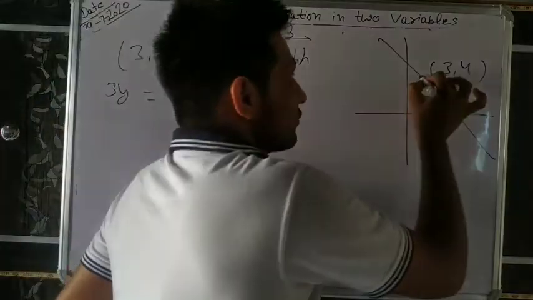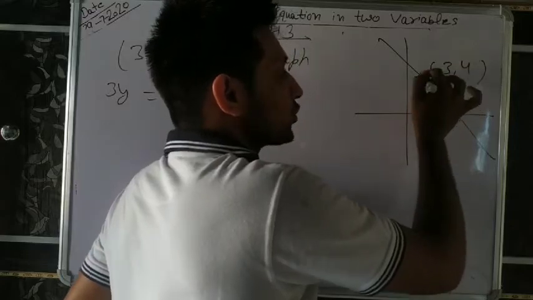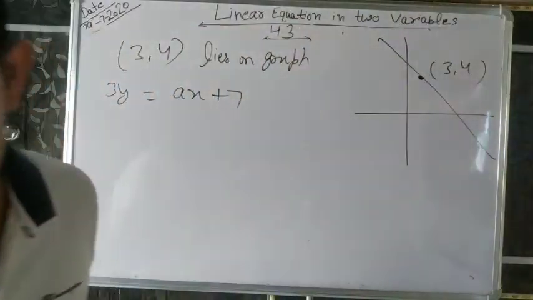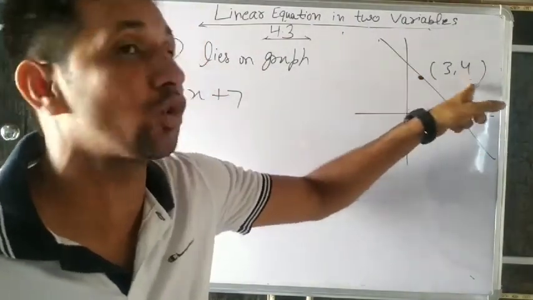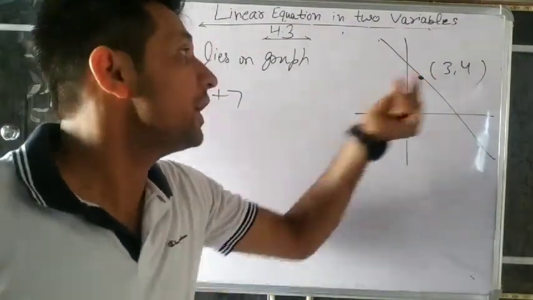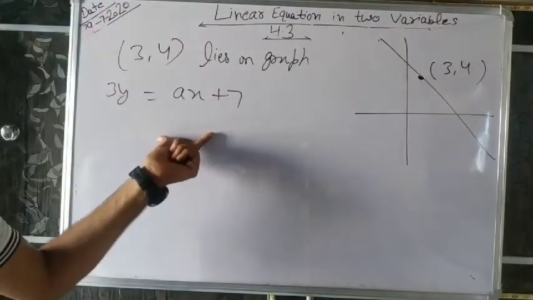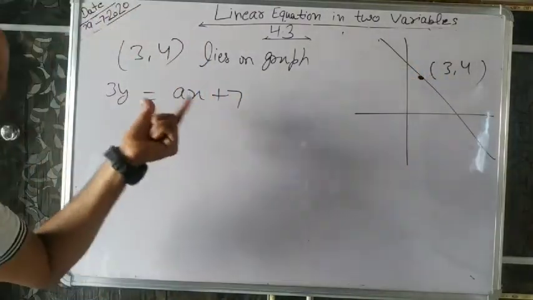If 3, 4 is on the line, it means it is a solution of this equation. If 3, 4 is the solution, it means it satisfies this equation.